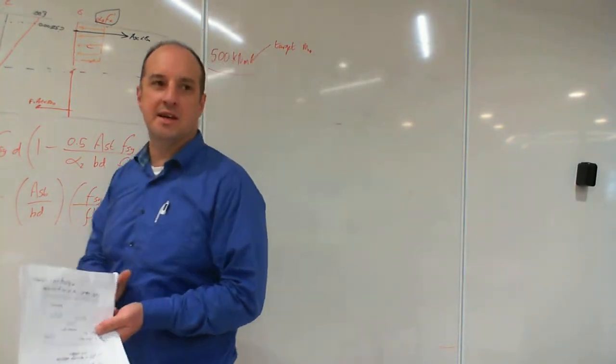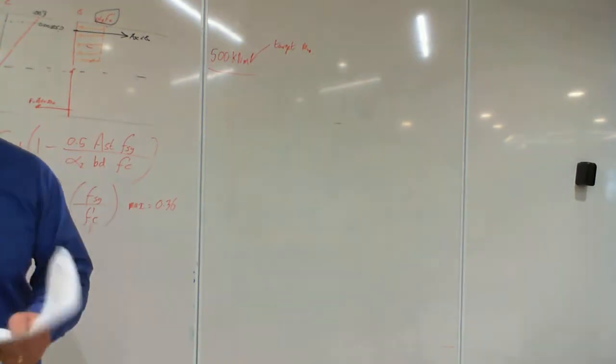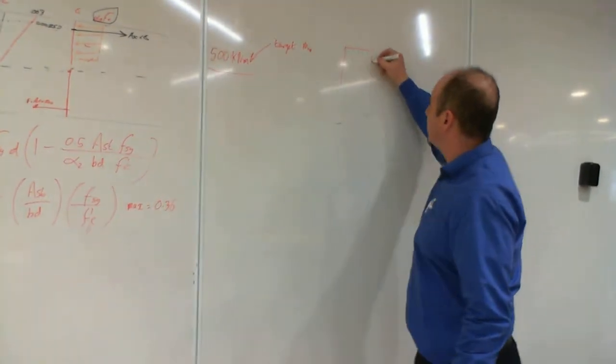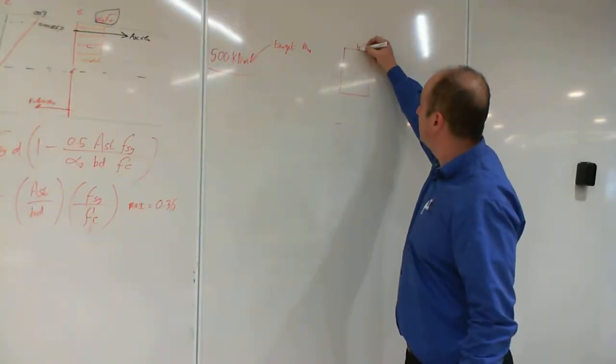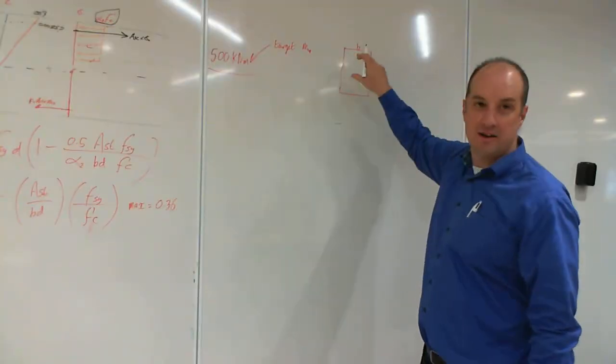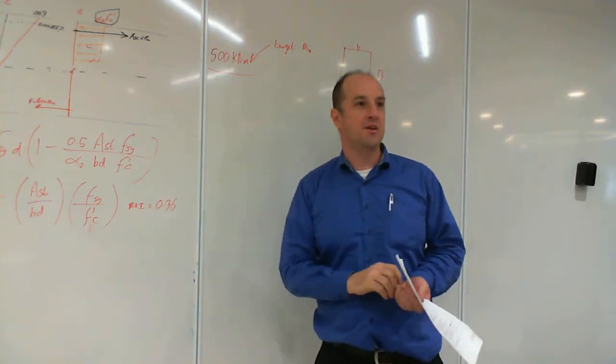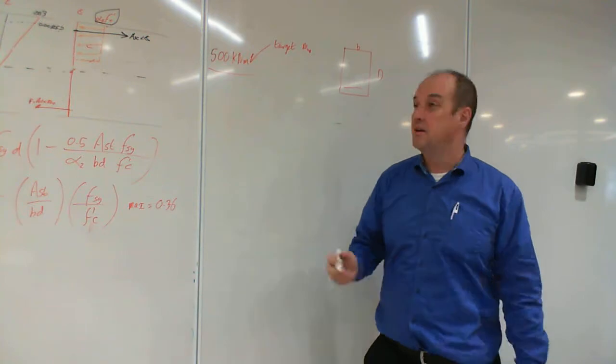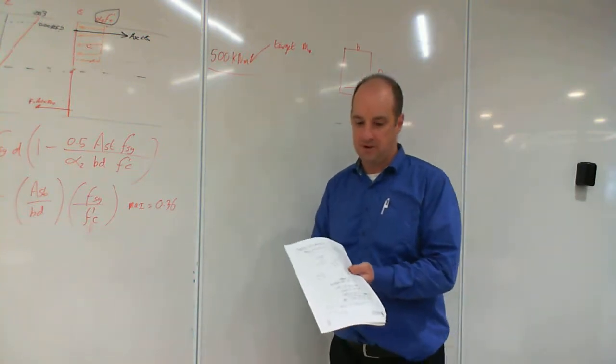First thing I would do is get a spreadsheet or something so you can try out different numbers. But you've got a fixed B, you've got a fixed D, and you're not allowed to go bigger than that. And you try out the maximum amount of steel, and there's a formula for the maximum amount of steel you can put in, and you find out that's not going to make that.